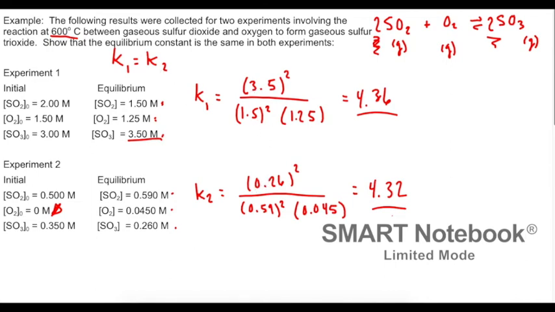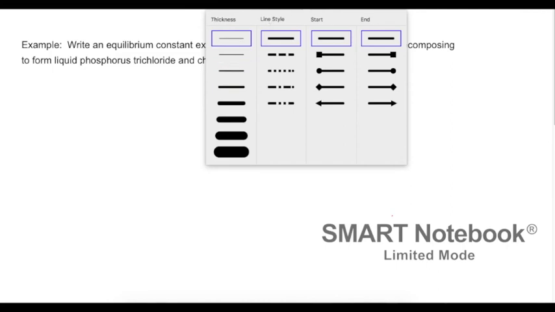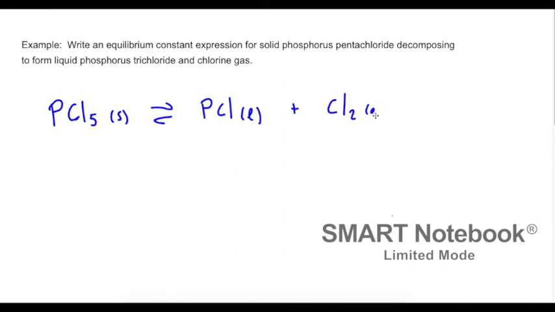Let's do one more example. This is really quick and simple. Write an equilibrium constant expression for solid phosphorus pentachloride decomposing to form liquid phosphorus trichloride and chlorine gas, just like this.